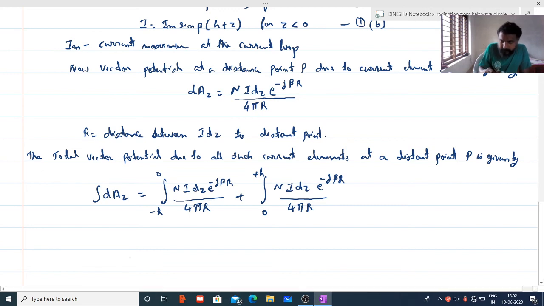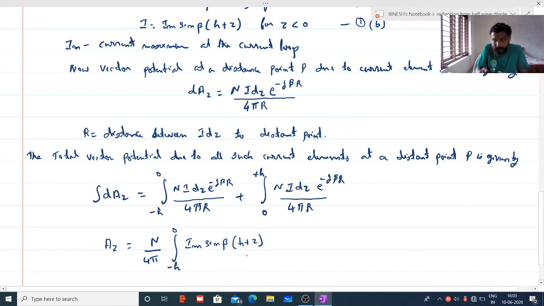In general, I can write Az equal to mu by 4 pi, integral from minus h to 0, I as Im sin beta (h plus z), that is the current flowing in that section, times e raised to minus j beta r divided by r, into dz.